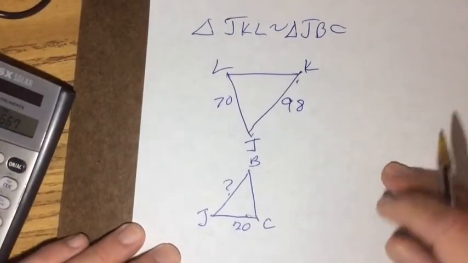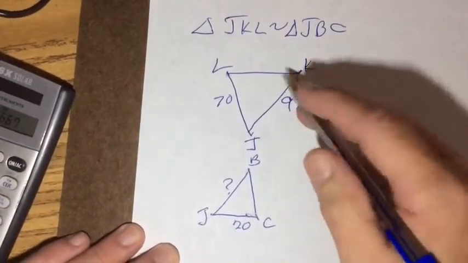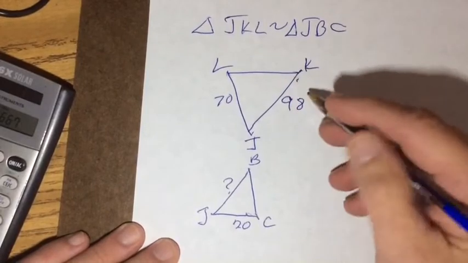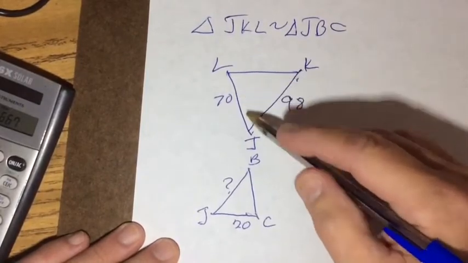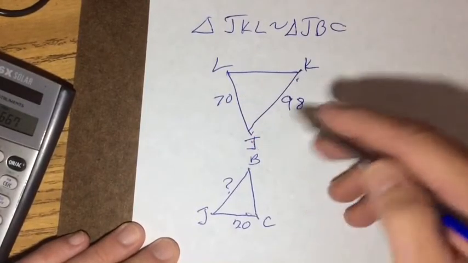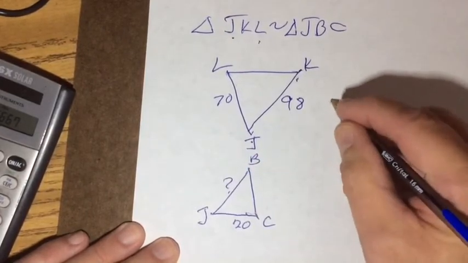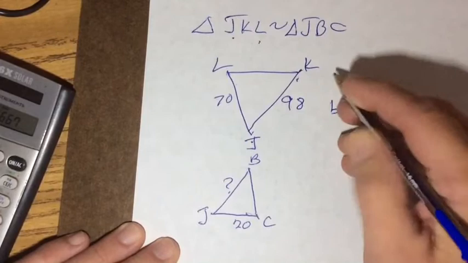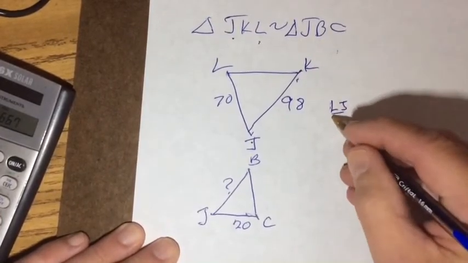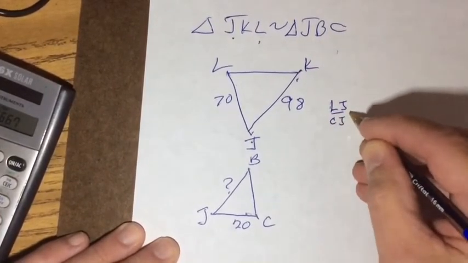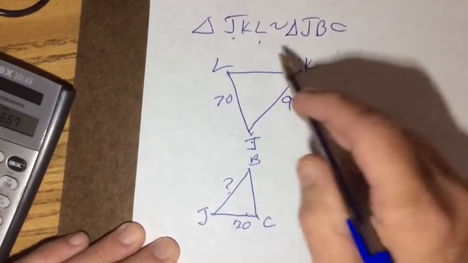Again, this is one where you're given two triangles that are similar. The question is, what can you do with it? We have LJ. That's got to match with CJ in the other one. And we have KJ.